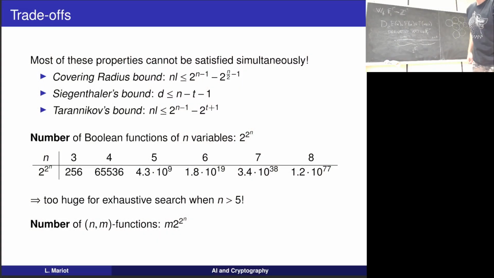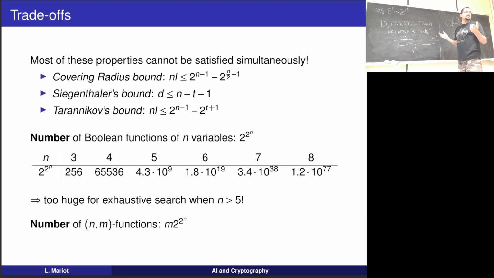Which means that you can do exhaustive search to find the best possible Boolean function satisfying all those trade-offs only up to, let's say, 5 variables, because there are like 4 billion and something, so you can do it quite easily in a matter of a few hours, even with your own laptop. Already for 6 variables, it becomes very tricky to do exhaustive search.